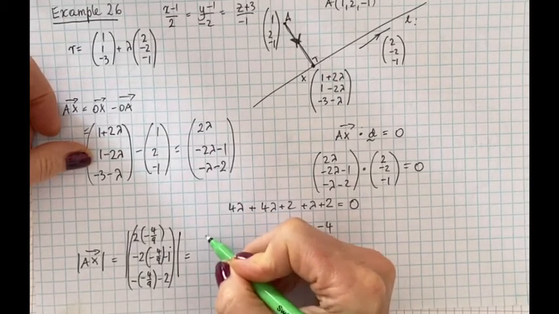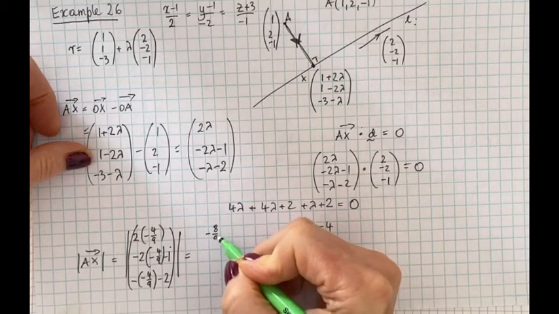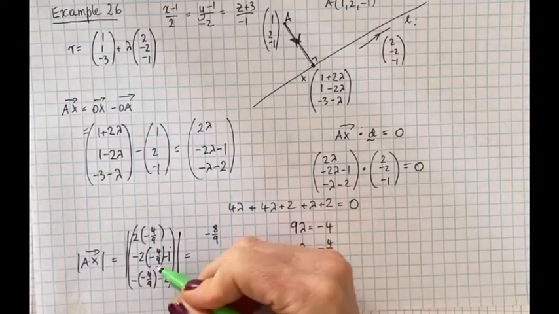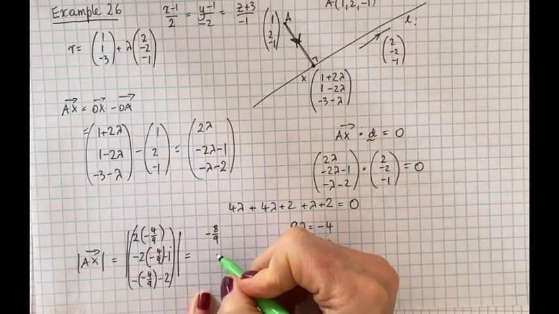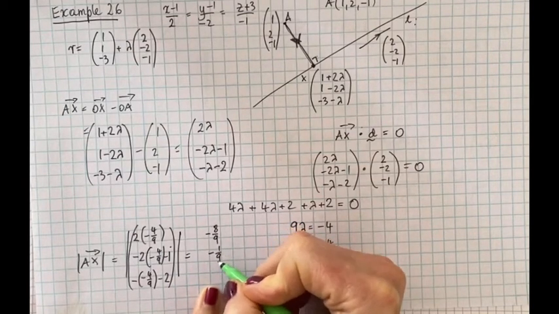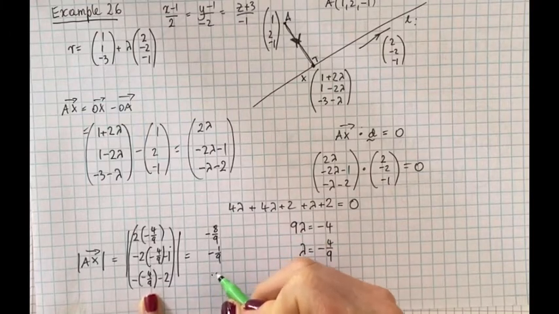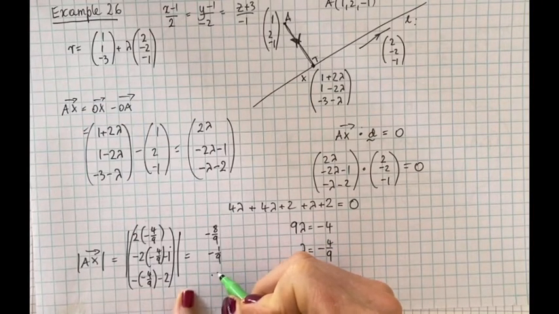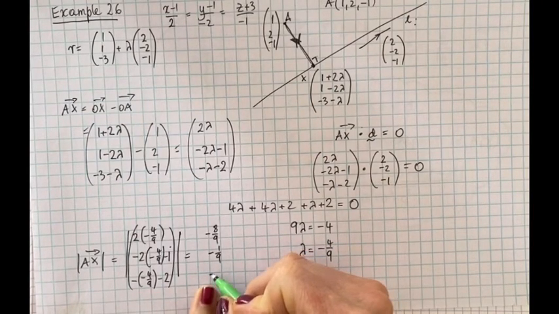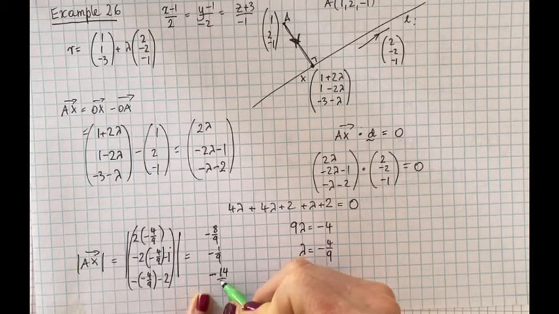So it's going to be minus 8/9, minus 1 is going to be minus 1/9, and then 4/9 minus, so it's going to be minus 14/9.